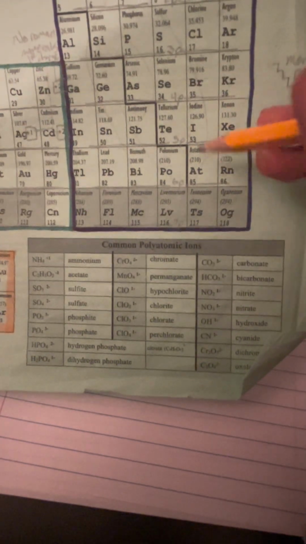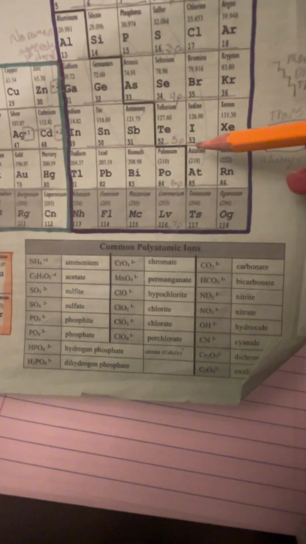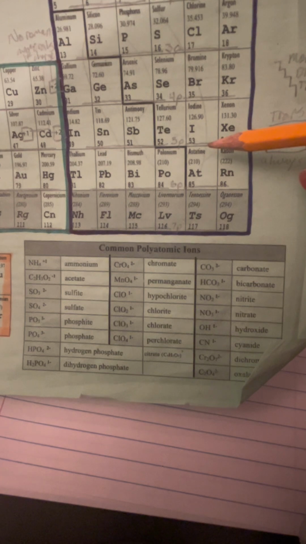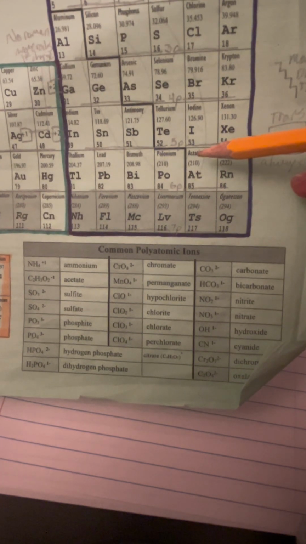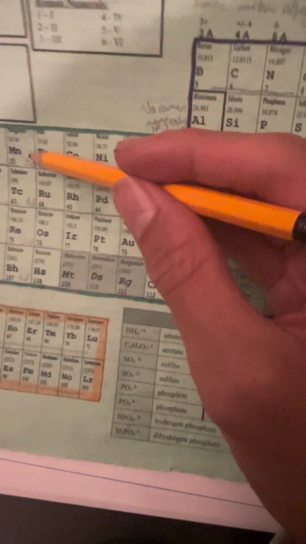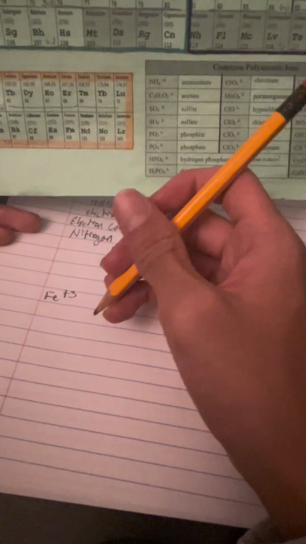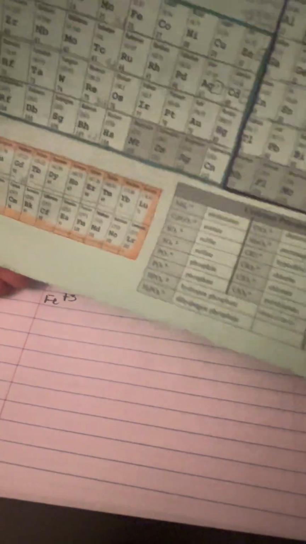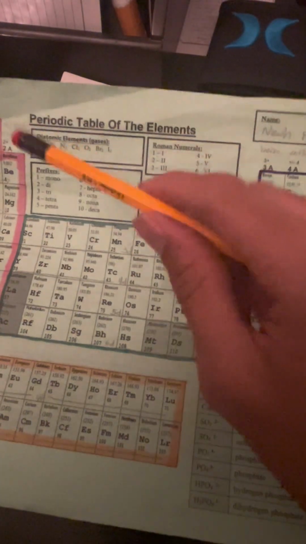So Fe is, oh my god, if I can find it, Fe, oh, it's iron, I forgot. Oh, my bad. Alright, so this one is going to take a while.